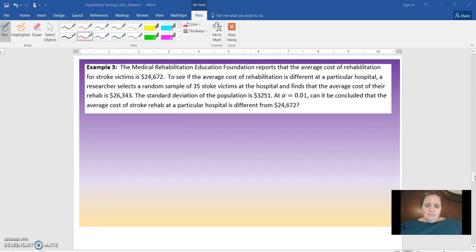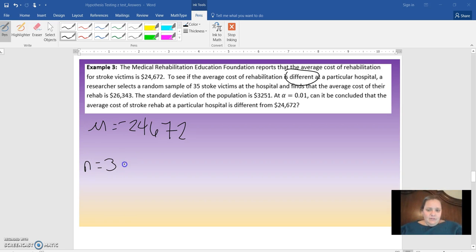Alright, medical rehab reports average cost of rehab for stroke is $24,672. Alright, to see if the average is different at a particular hospital, the researcher selects 35 stroke victims and finds that the average cost is 26,343.